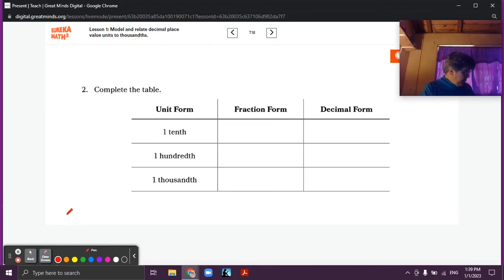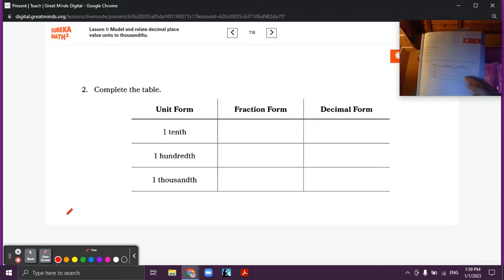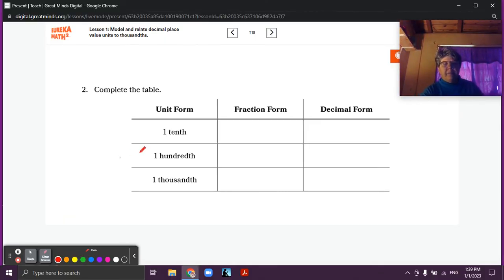And now we're going to go to number 2. It's also on that first page with the magnifying glass right down here. Now we have a little table to fill out. What is the fraction form of 1/10? Go ahead and write it, 1/10. And you know the decimal form, 0.1, but we don't say that. We say 1/10. Okay, so go ahead and fill out 1/100th and 1/1000th.